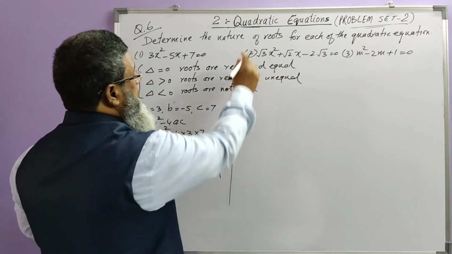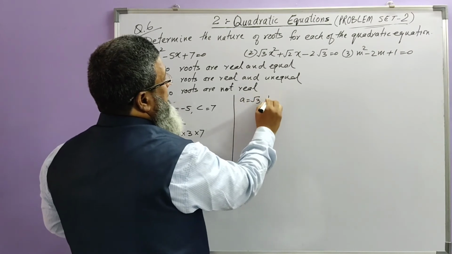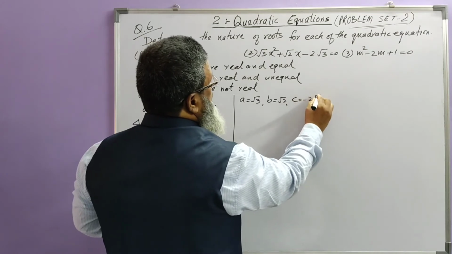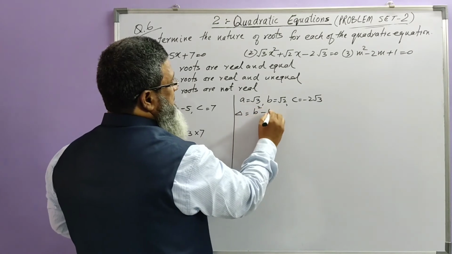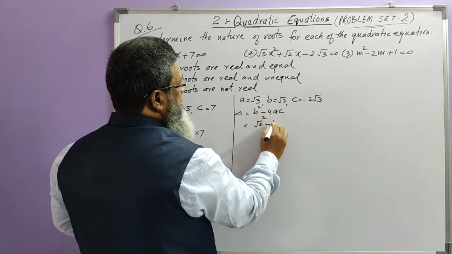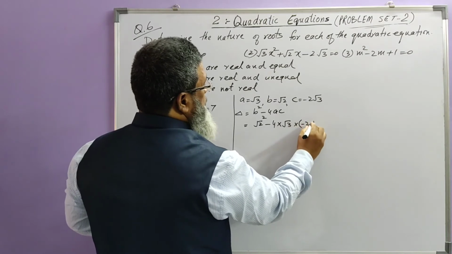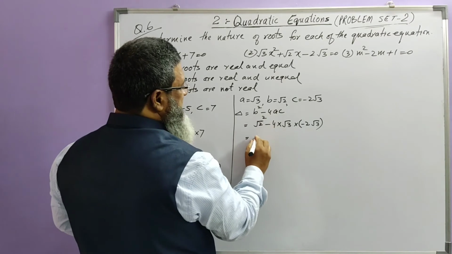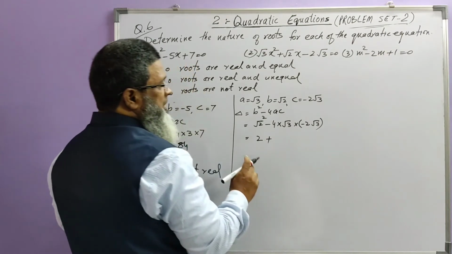See question number 2. Here a is equal to root 3, b is equal to root 2 and c is equal to minus 2 root 3. What is delta? Delta is equal to b square minus 4ac. What is b square? Root 2 square minus 4 into a, which is root 3, into c, which is minus 2 root 3. Root 2 square, the root gets cancelled, means 2, and minus and minus become plus.